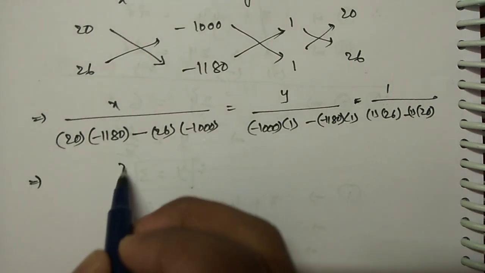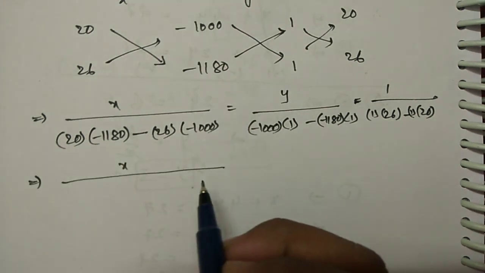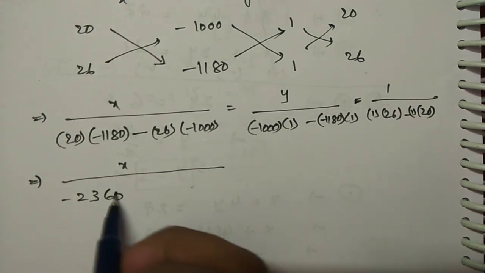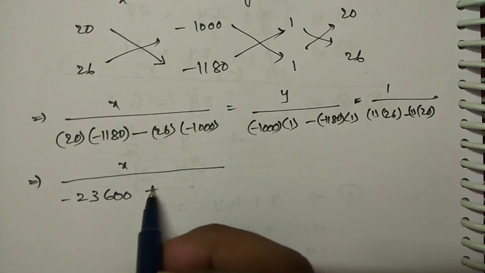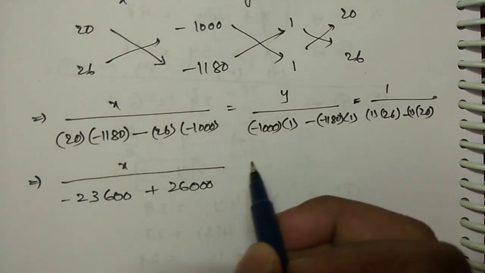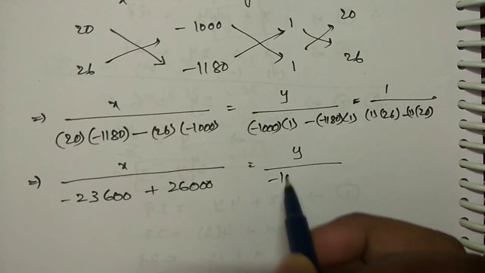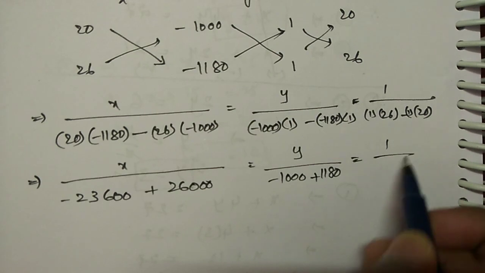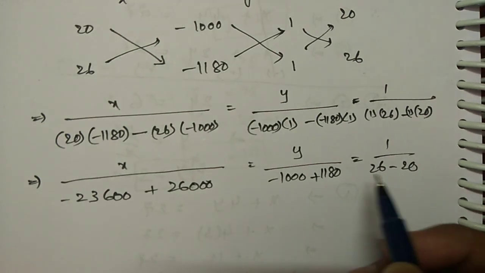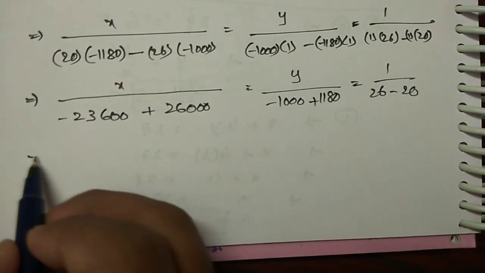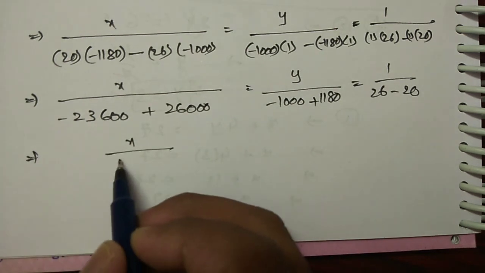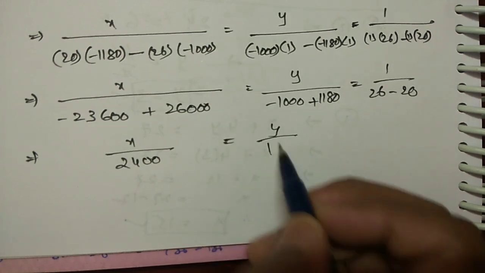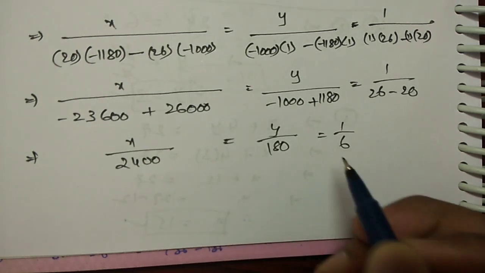This implies x by minus 21,600 minus into minus plus 26,000, y by minus 1000 minus of minus plus 1080 equal to 1 by 26 minus 20. This implies x by 2400 equal to y by 180 equal to 1 by 6.